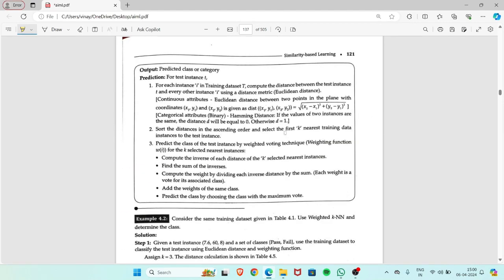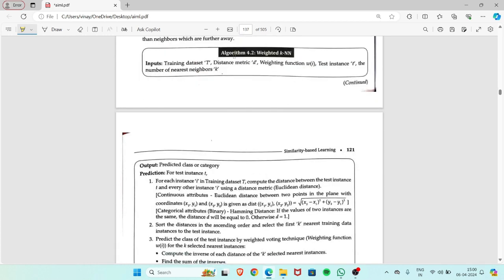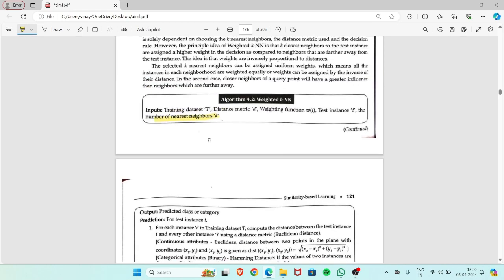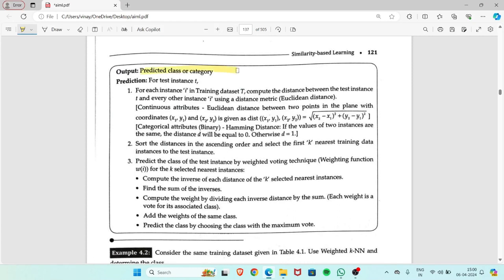So coming to the algorithm for weighted K nearest neighbor, the input is the training data set, distance metric, weighting function, test instance, and the number of nearest neighbors, and you have to find the predicted class or category.